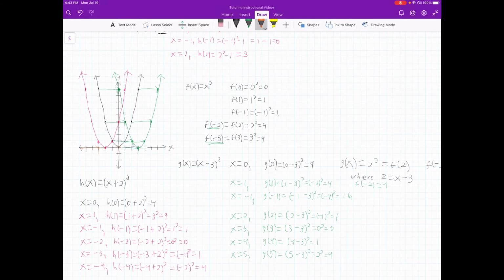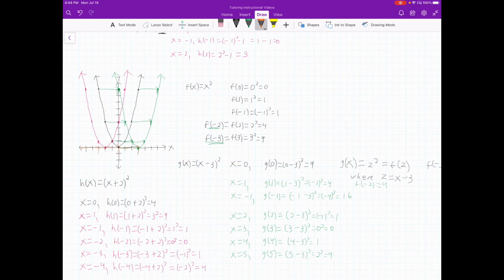When x is 0, we already have f hitting the x-axis, whereas for g, we don't get there until x is 3. So that's why g is shifted 3 to the right, because it's really f of z. Like z is always 3 behind x in that sense, because it's x minus 3.